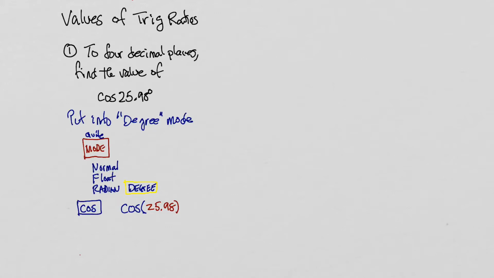Here's what I got: 0.89894... But remember, we're going to round to 4 decimal places. That's pretty common. So we'll write our conclusion now as 0.8989.